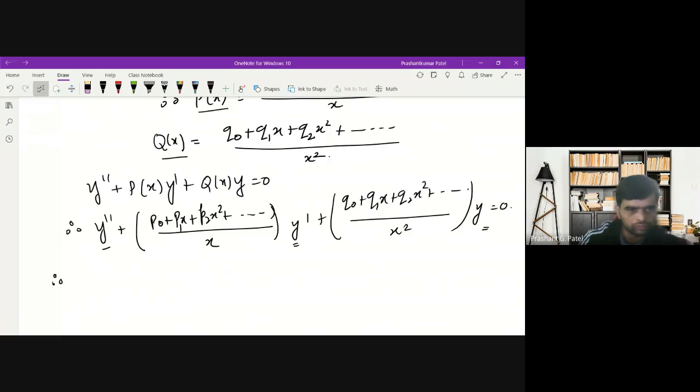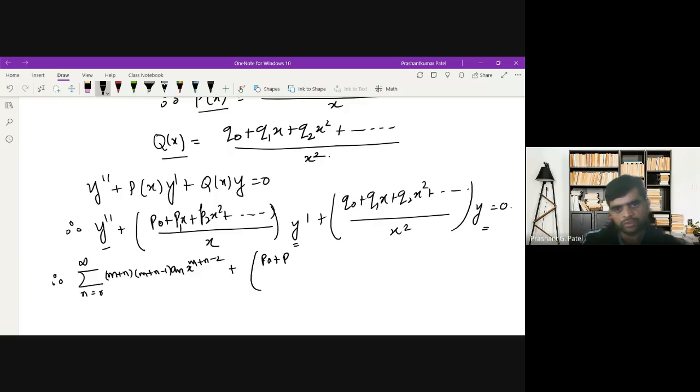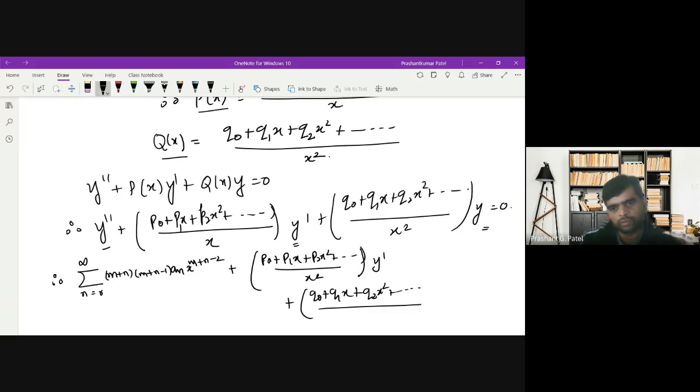Let me write down what y double dash is. We have calculated summation n running from 0 to infinity m plus n into m plus n minus 1, an x raised to m plus n minus 2, plus this whole quantity p0 plus p1x plus p2x square and so on upon x, y dash, plus q0 plus q1x plus q2x square and so on upon x square, y. Here y dash is summation n running from 0 to infinity m plus n into an x raised to m plus n minus 1, and y is summation n running from 0 to infinity an x raised to m plus n, equal to 0.